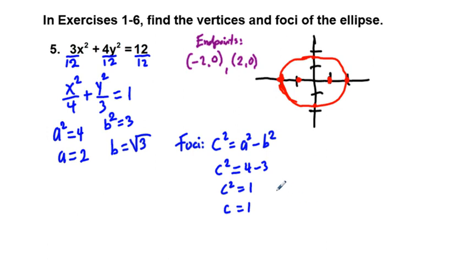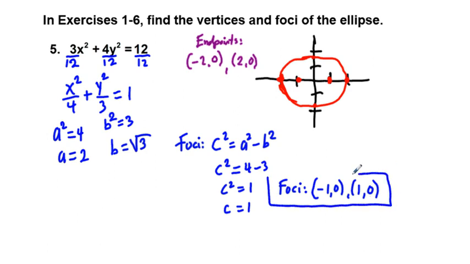Okay, so for foci, we have -1, comma 0, and 1, comma 0. Again, we box in these answers as correct.